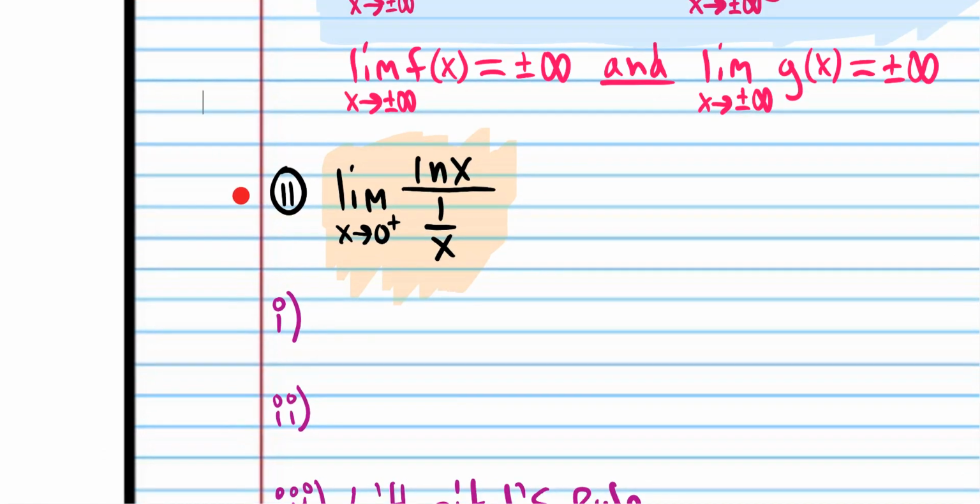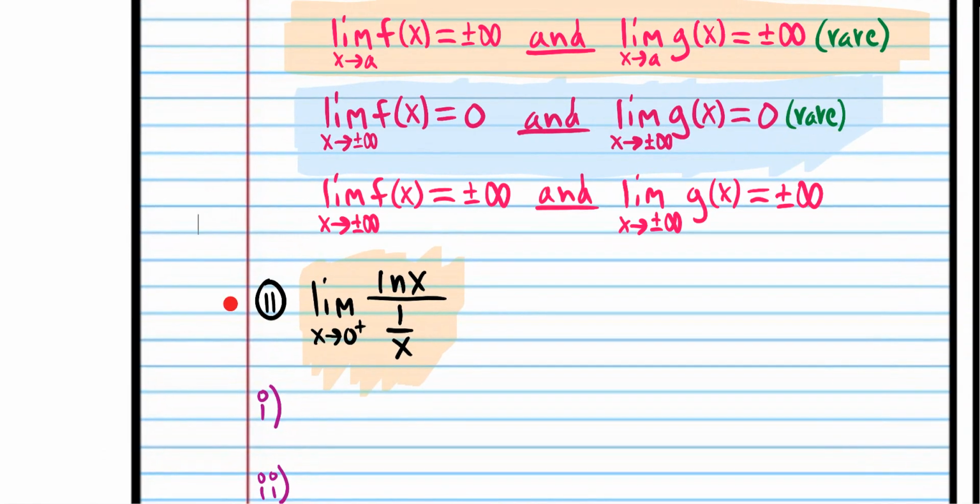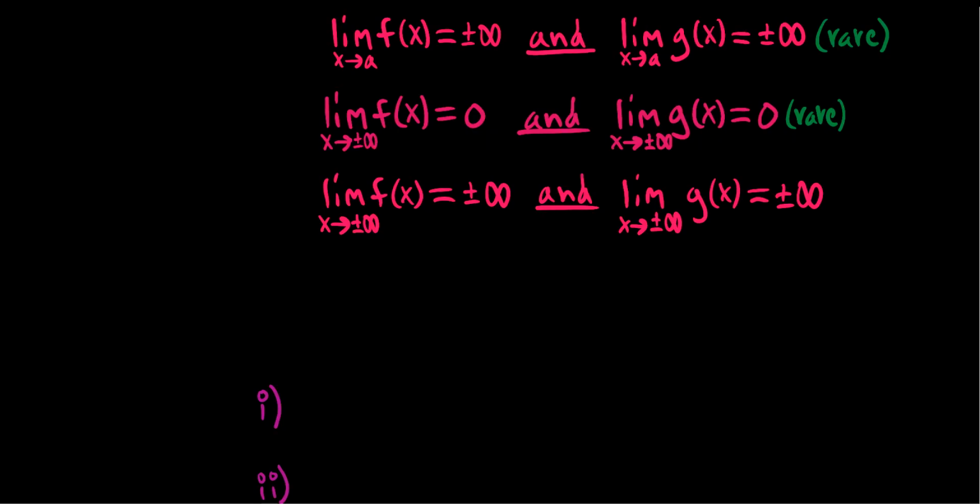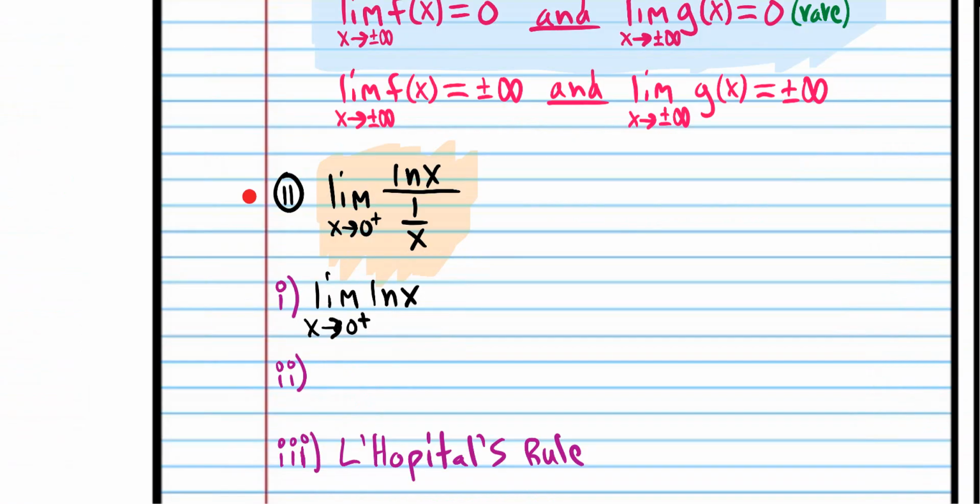So here, let's find the limit of the numerator as x approaches 0 from the right. Notice that we have a one-sided limit again. So this is another example of a one-sided limit. But why does x have to approach 0 from the right? Why can't it approach from the left and the right?